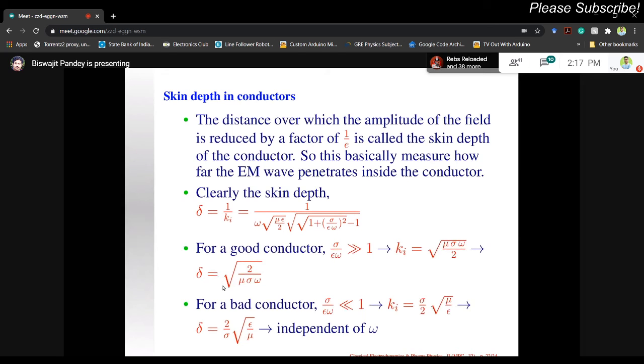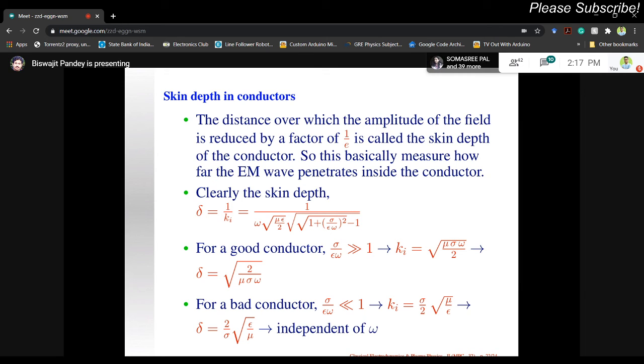For copper, I told you already, the conductivity of copper is roughly 6 times the conductivity of iron. So if I take an iron wire and a copper wire and compare the two, which should have a larger delta for a given frequency?